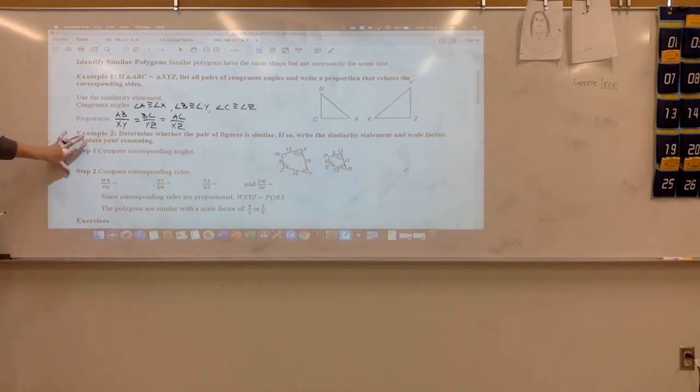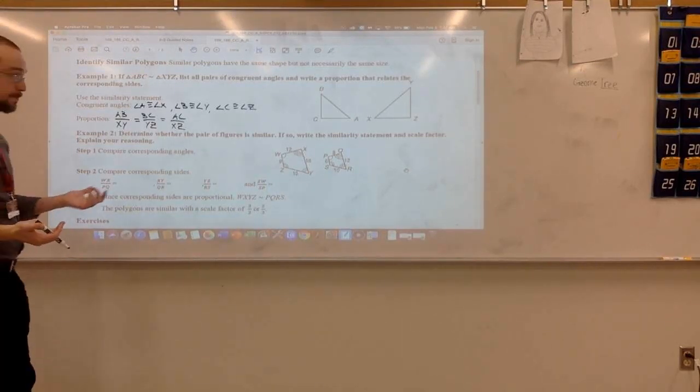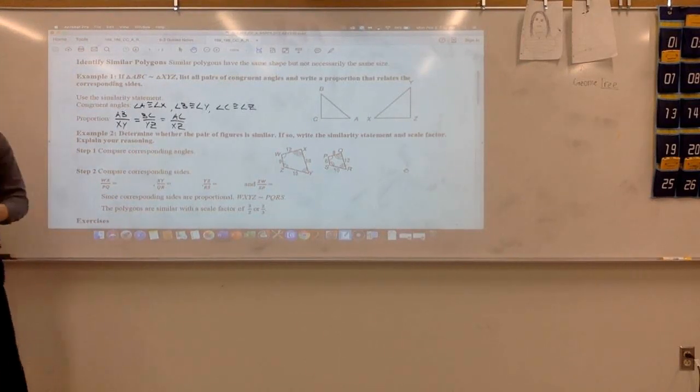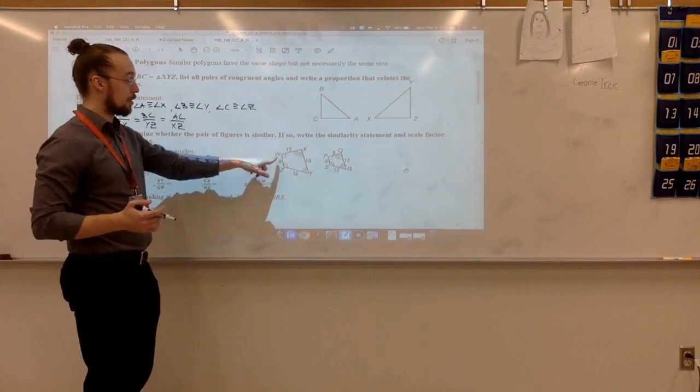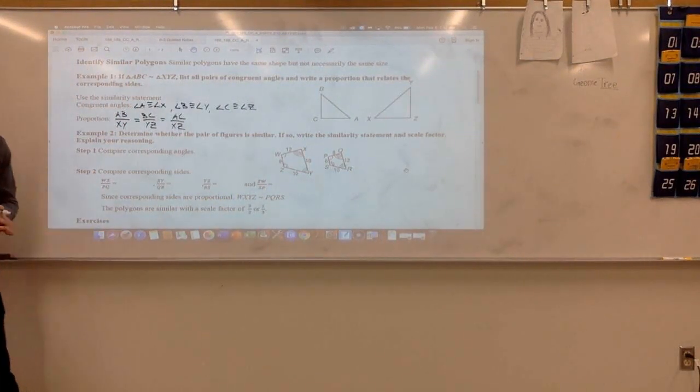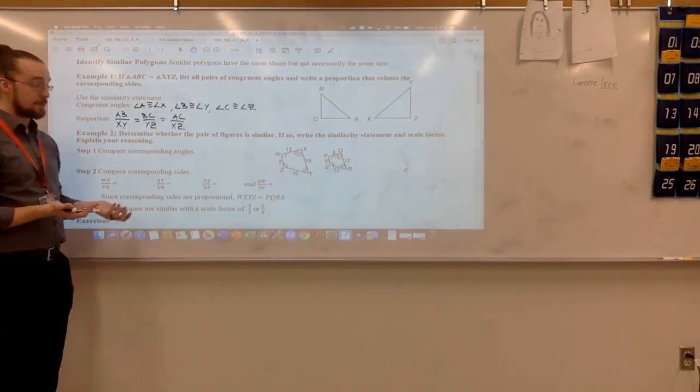Okay. So in this second example, we're given two figures with some side measurements, and we're asked to determine whether the figures are similar or not. For two figures to be similar, we have to have all pairs of corresponding angles congruent. That's the first thing we want to look at. We want to see if I can match up all four pairs in this case.